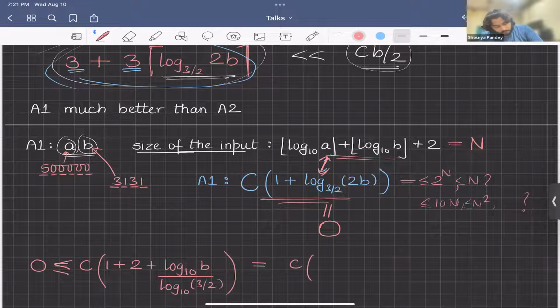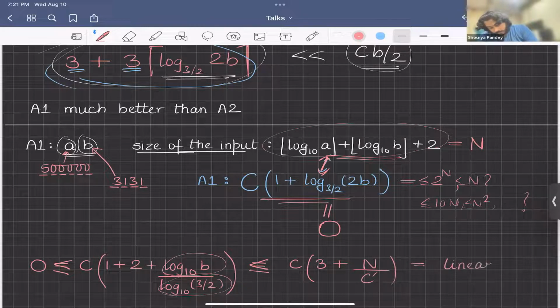This is some constant times 3 plus, well, definitely log 10b is less than n, right? So this is less than or equal to, I'm just bounding it very crudely, and this is another constant, let's say c prime. So this is some linear function in n.